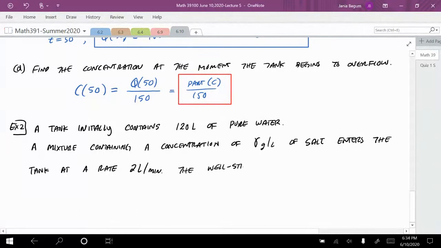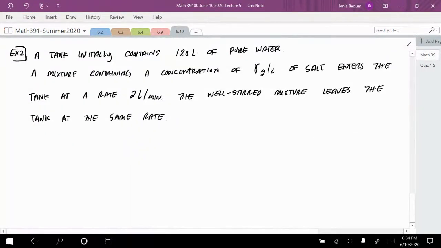The well stirred mixture leaves the tank at the same rate. Okay, so that's another scenario to consider.